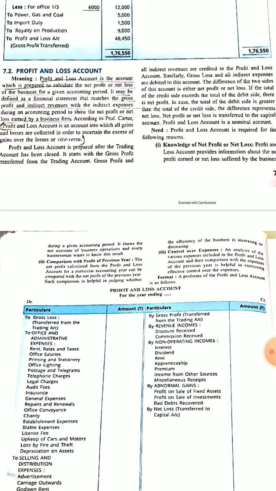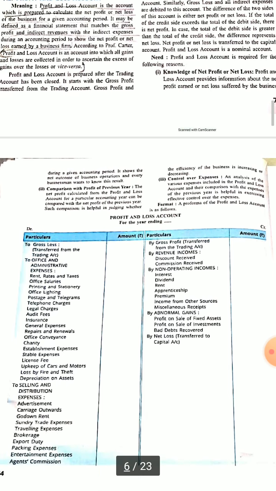So what is net profit? Net means subtracting every expense, selling expenses, overhead expenses, office and administration expenses, factory expenses. Subtracting all these from the sales, we get net profit.